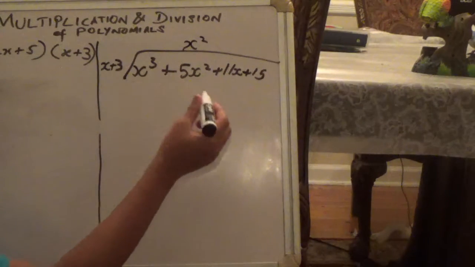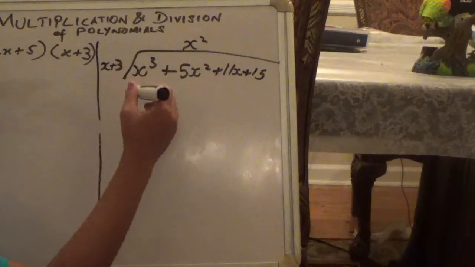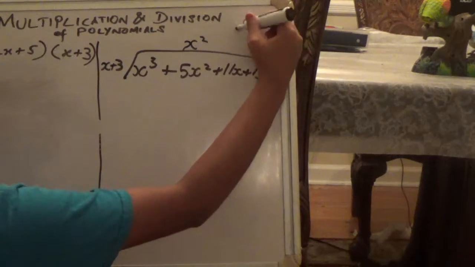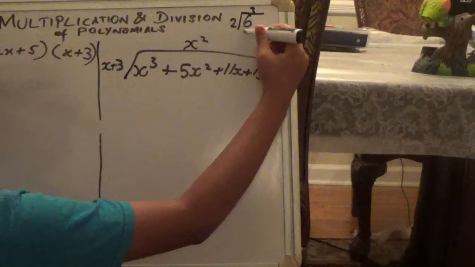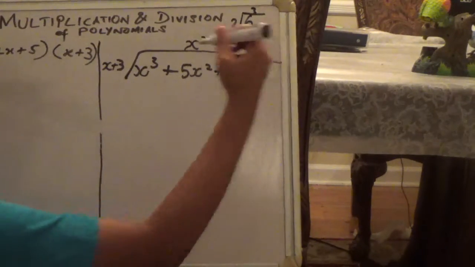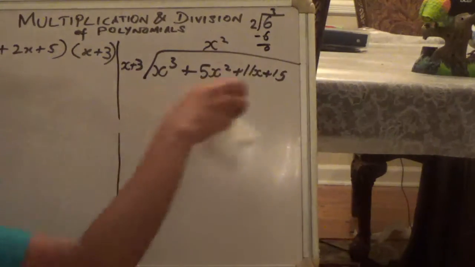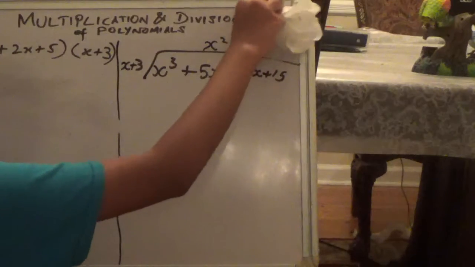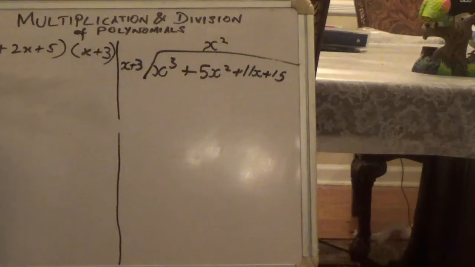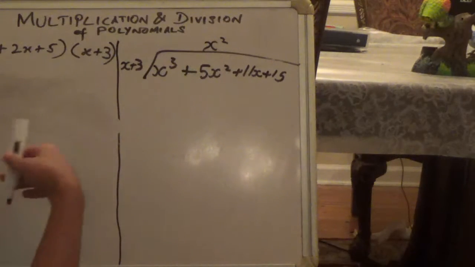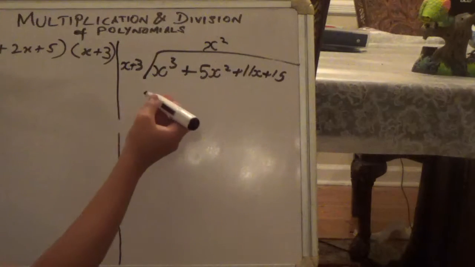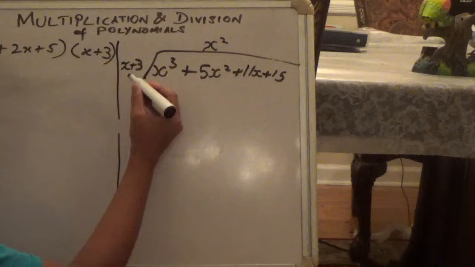Like whenever you divide 6 by 2, you do 2 times 3, and 2 times 3 is 6, and then you subtract and you get whatever you have left and you're done. And with 2-digit or 3-digit or 4-digit numbers, you just repeat the process of subtracting and continuing. We're going to do the exact same thing here. It's actually pretty easy. Watch.